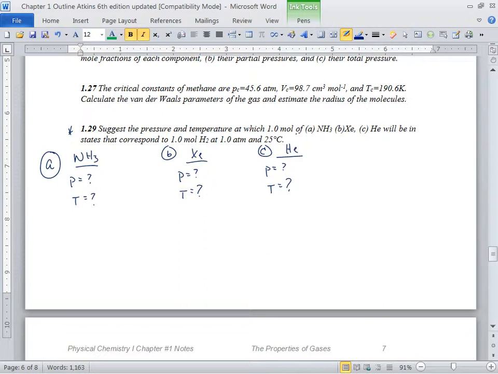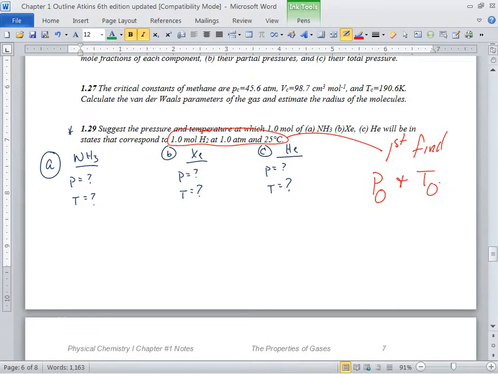What they want you to do is use this. What subscript am I talking about down here?